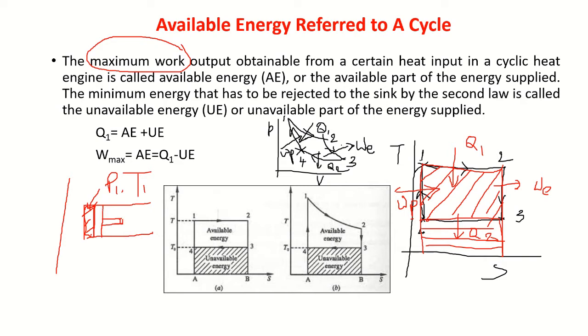On this side of the piston, let us assume there is atmospheric pressure acting this way. This side the pressure P1, this is P atmosphere. Let us assume the atmospheric pressure is 1.01325 bar.